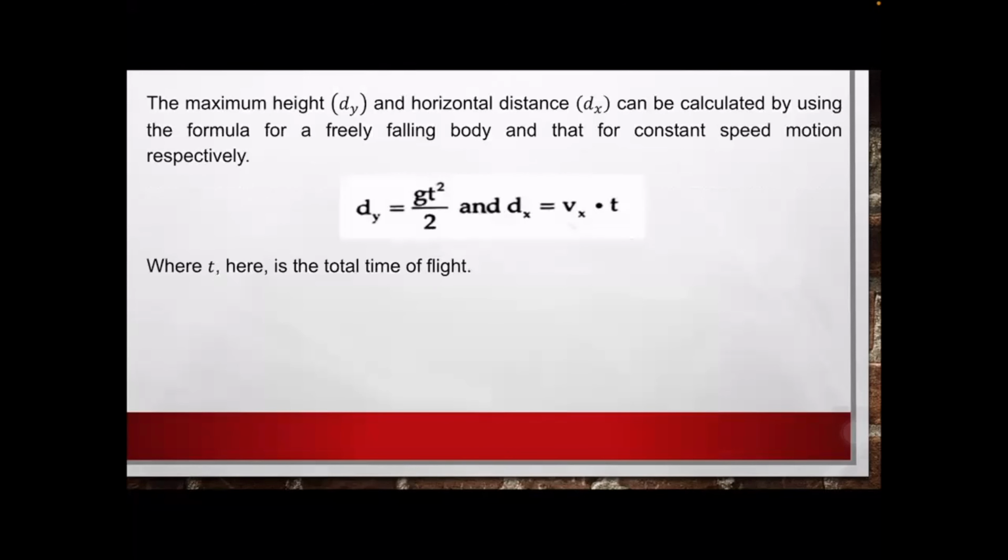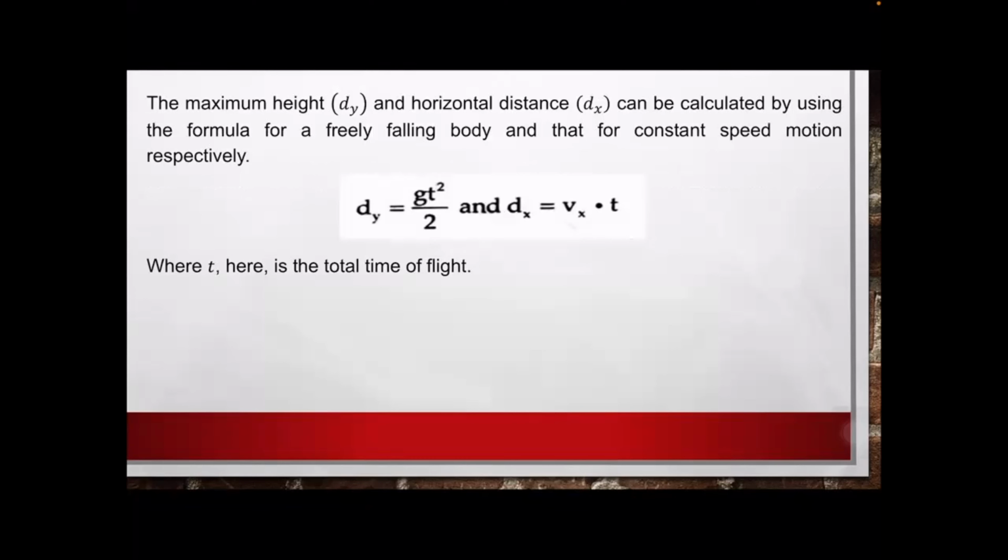Let's have first the maximum height, dy, and horizontal distance, dx. So, it can be calculated using the formula for a freely falling body, and that is a constant speed motion respectively. So, d sub y is equal to g, where your g is 9.8, times t squared, that will be the total time of flight, over 2.